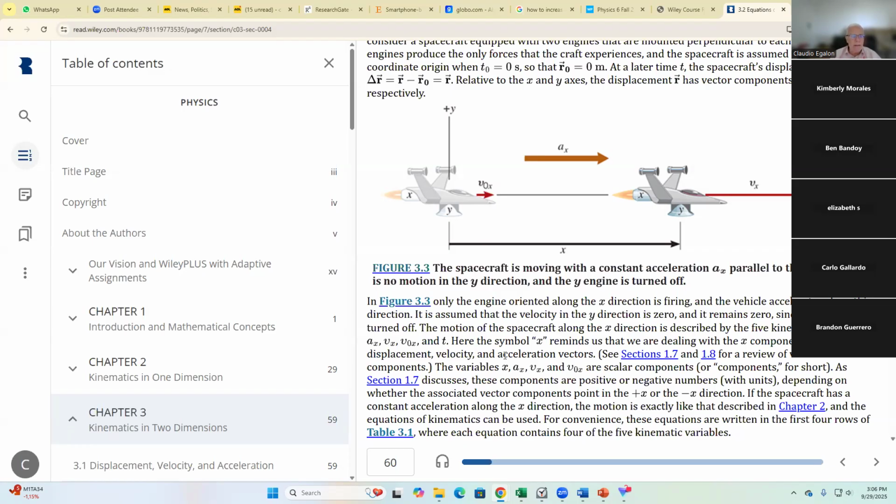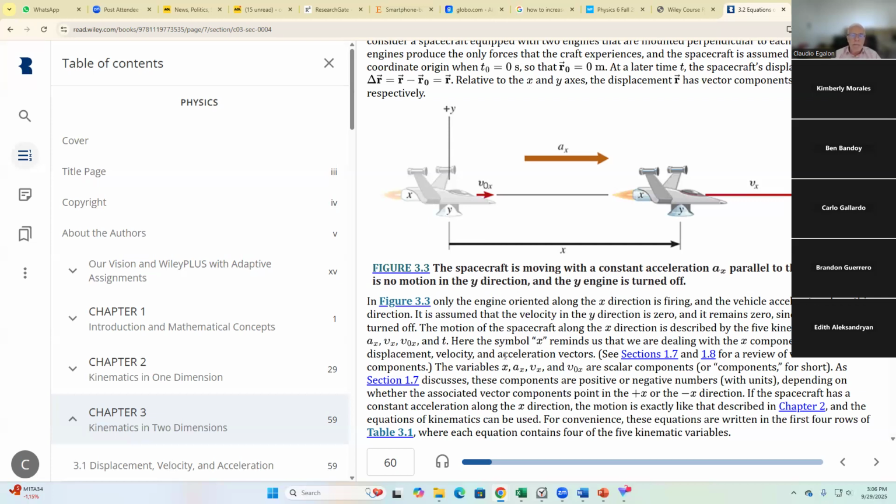They knew more or less that the path of the projectile was very close to that of a parabola, just by observing the water from a fountain describing its arc in the X and Y space, right? In the two-dimensional space. They had a partial idea how that would work.